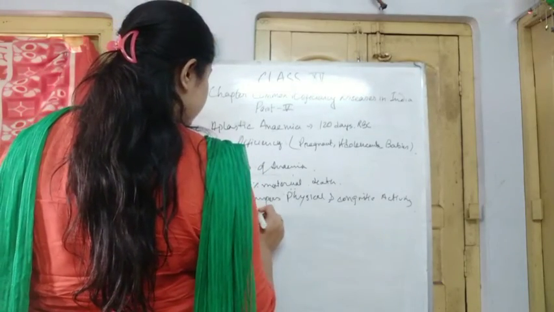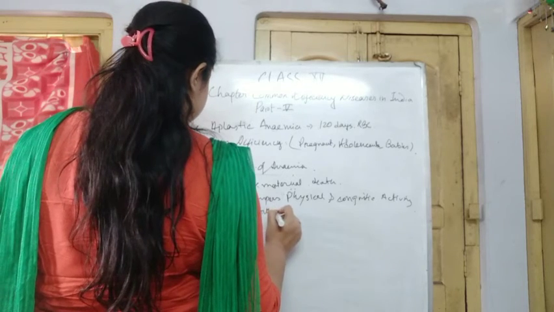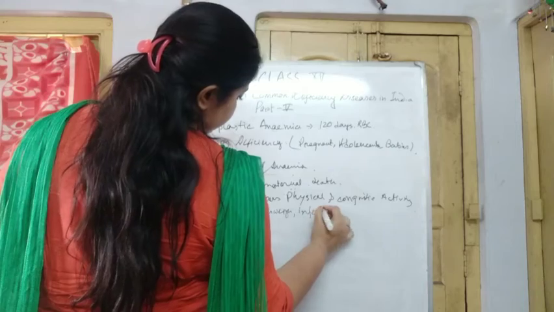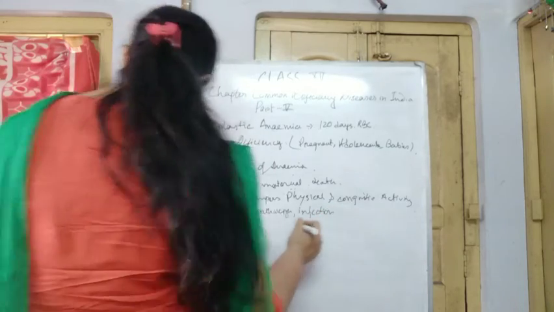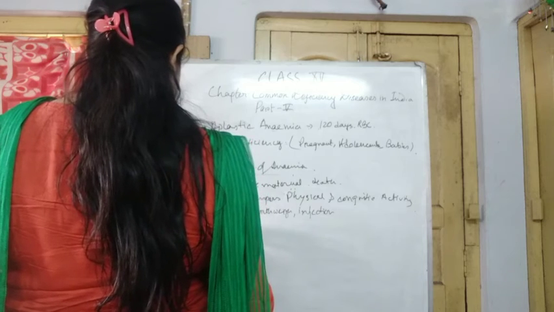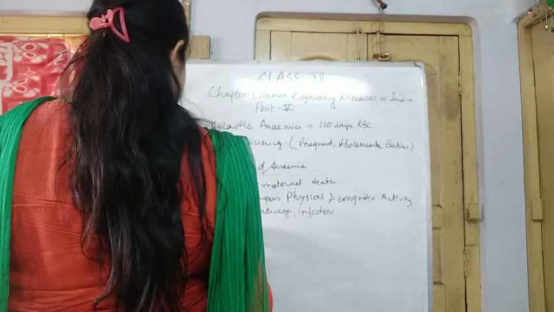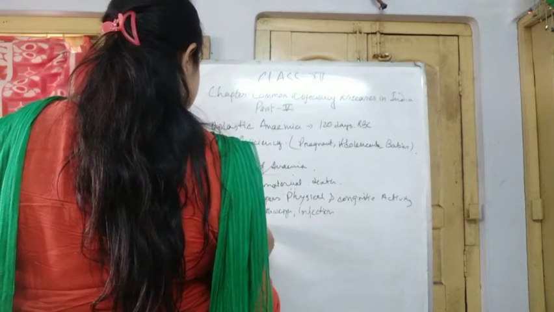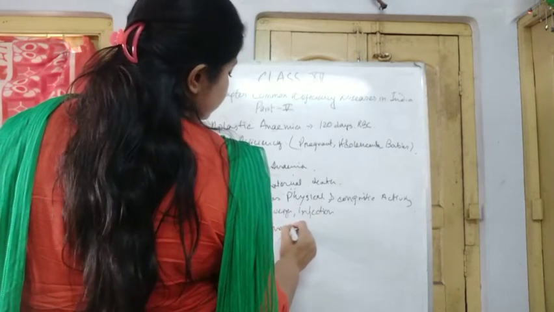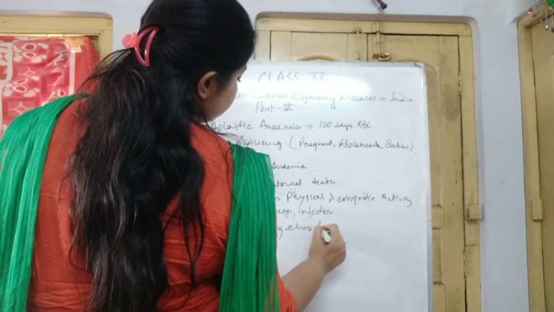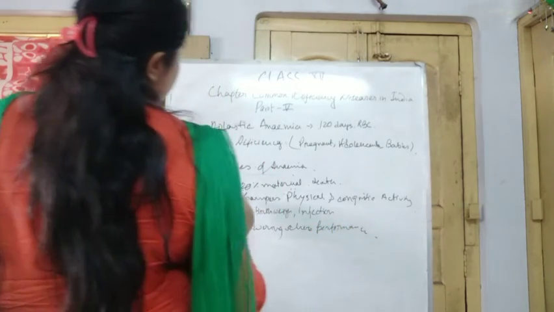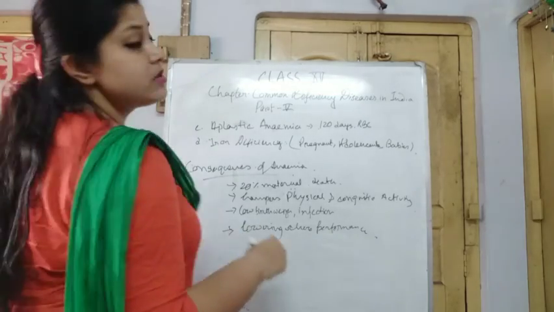For the children, low birth weight, infection, and also for the adolescents, lowering school performance. So these are the very common consequences of the anemia.